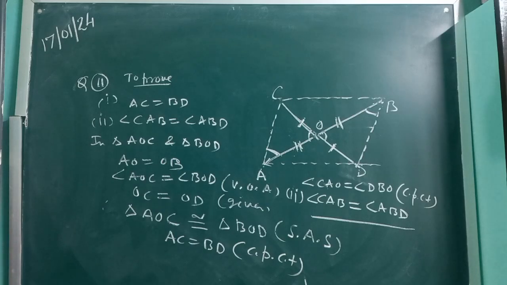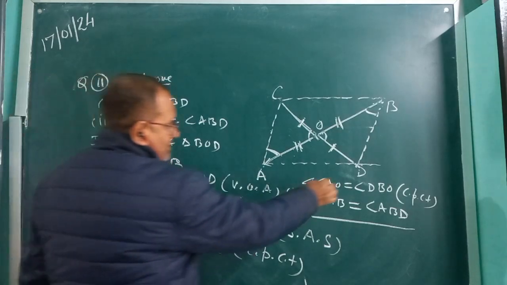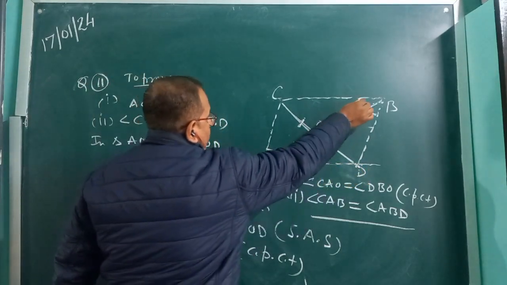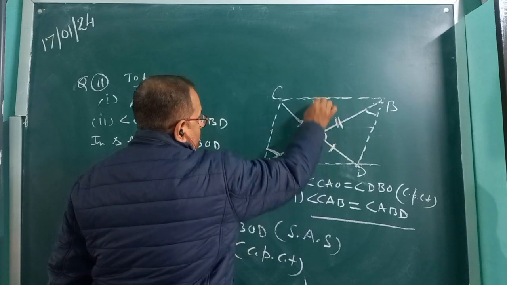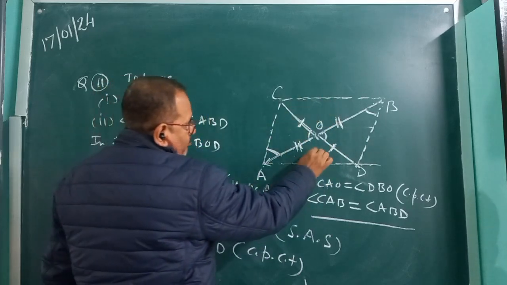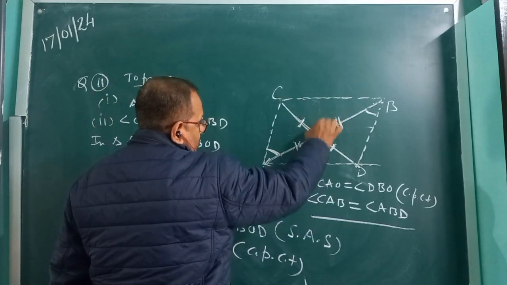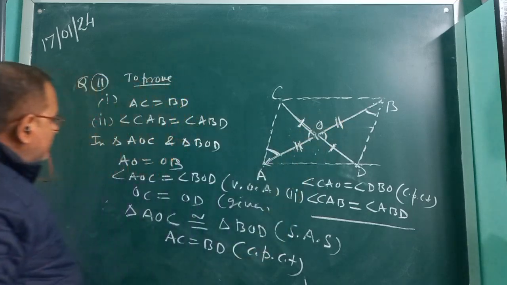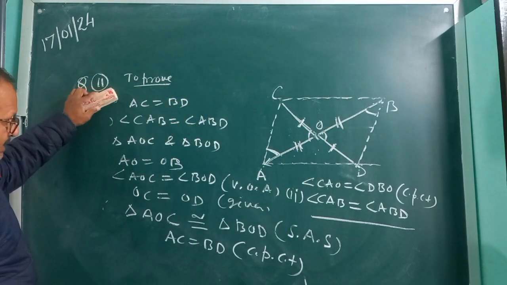Two more parts are there in this question. We have to prove that AD is parallel to CB and AD is equal to CB. AD is this one. So we will prove these two triangles congruent. So let us see the next triangle.